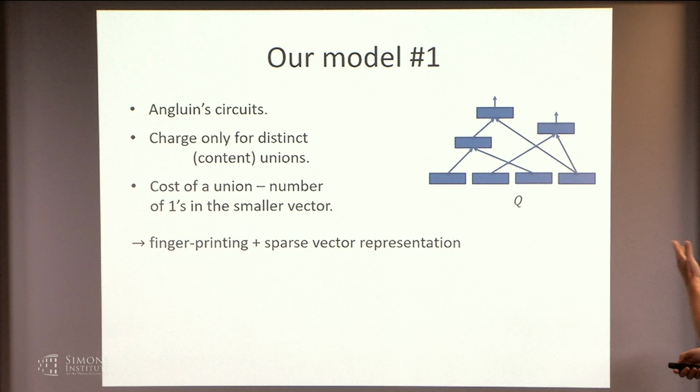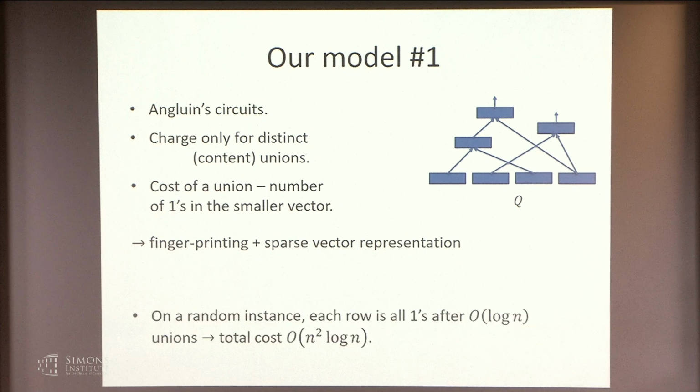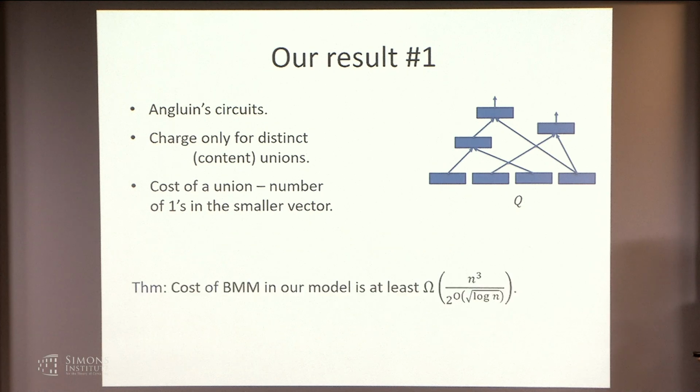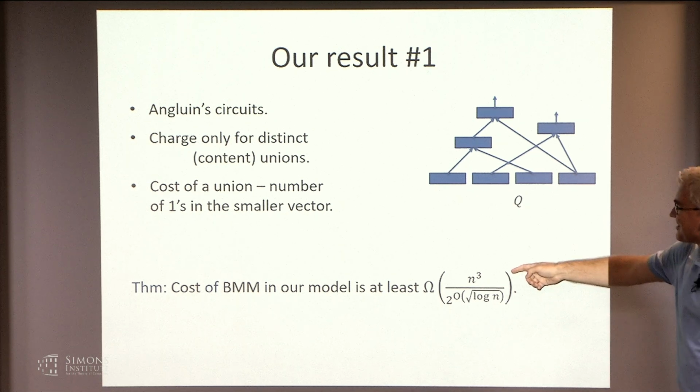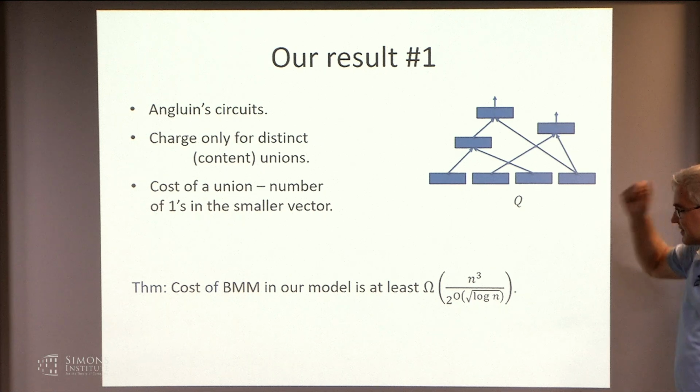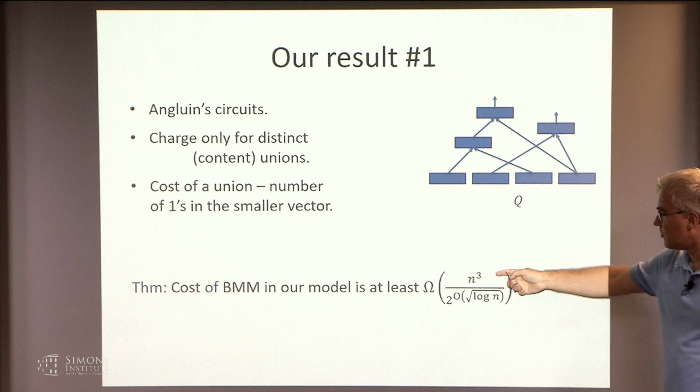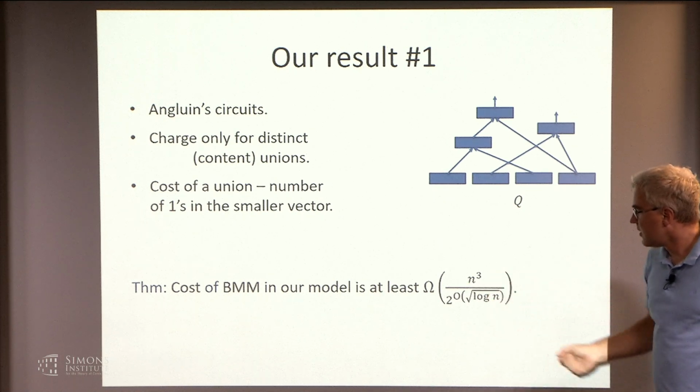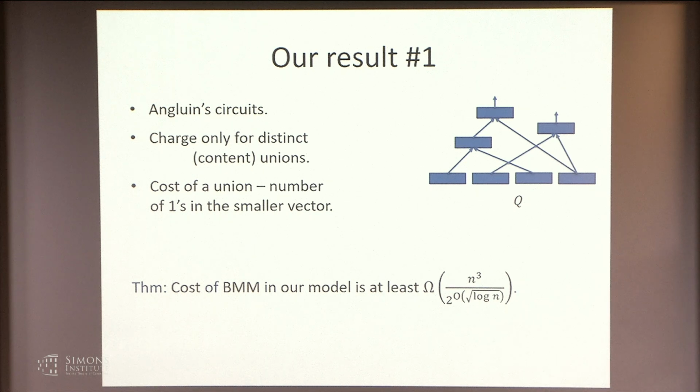And so the question is what's the cost in this model? On random instances, the cost would be n squared log n. But it turns out that, luckily for us, or well, it depends on whether you want to prove a lower bound or an upper bound, even in this model Boolean matrix multiplication still costs at least n cubed over 2 to the square root of log n.